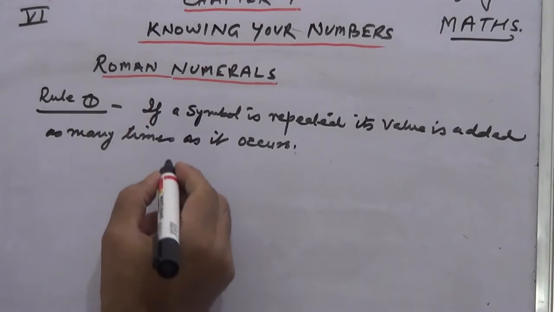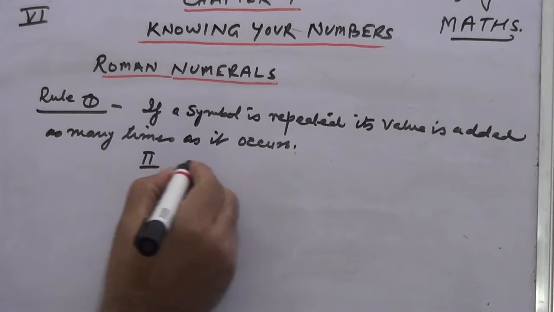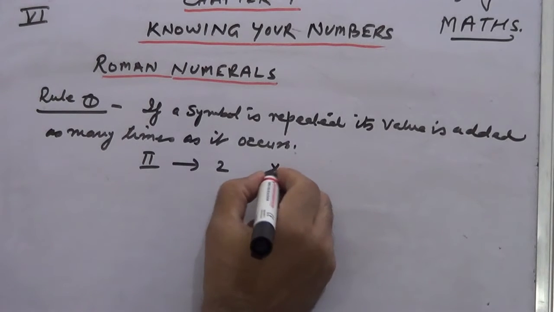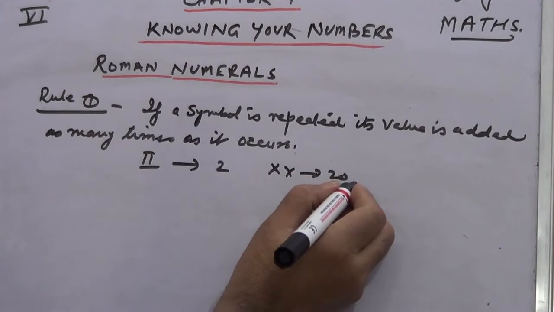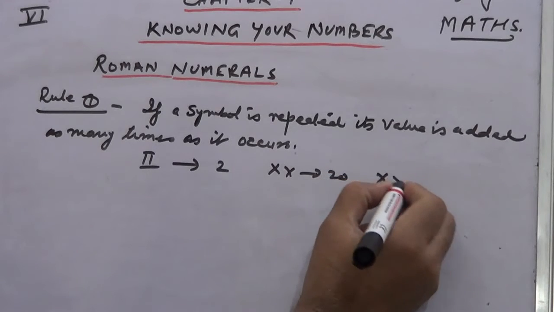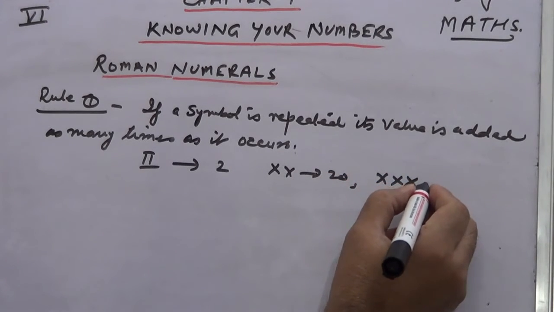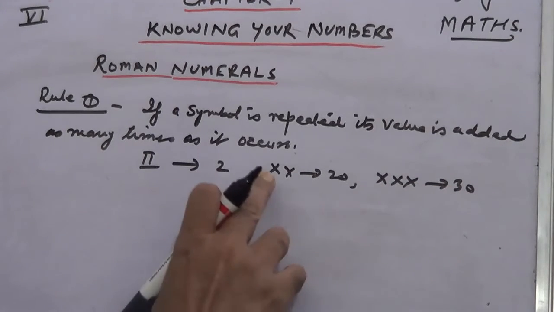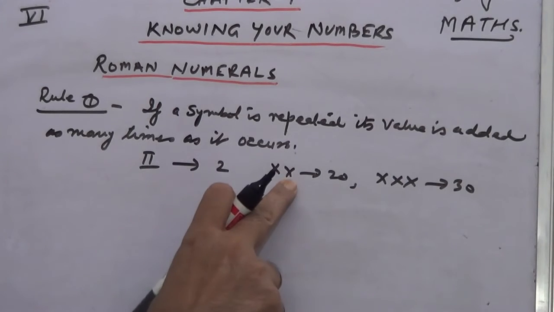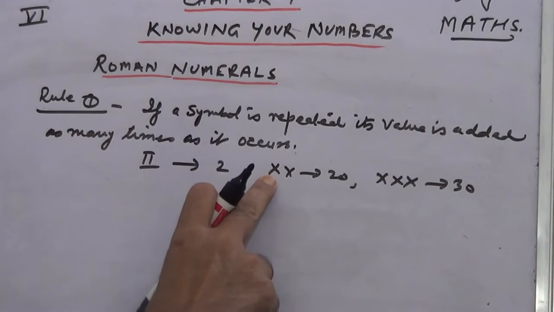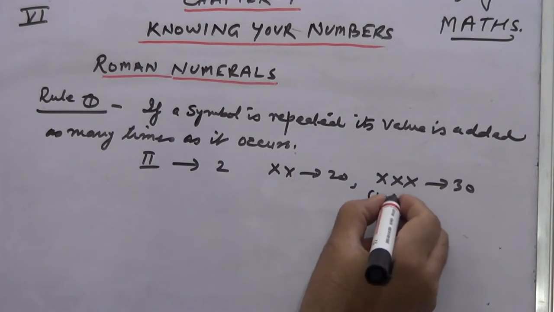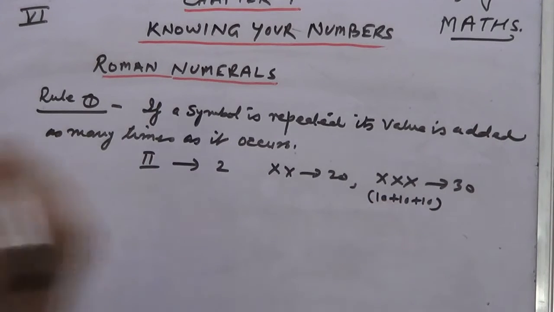Like 2 gives 2, 20, 30. Here this X is repeated twice and one X represents 10. Therefore 10 plus 10 is equal to 20. Similarly 10 plus 10 plus 10 is equal to 30 because X is repeated thrice.